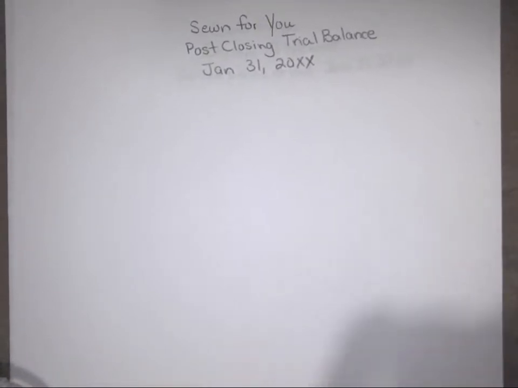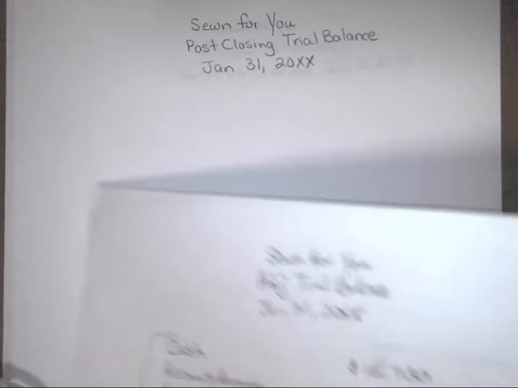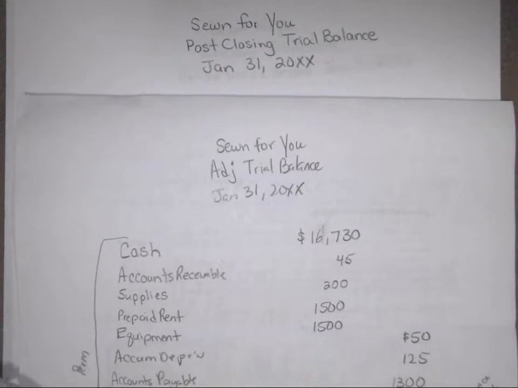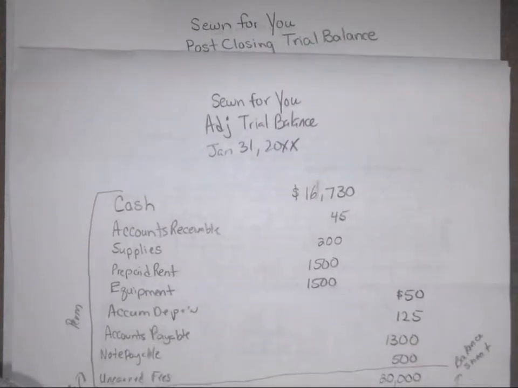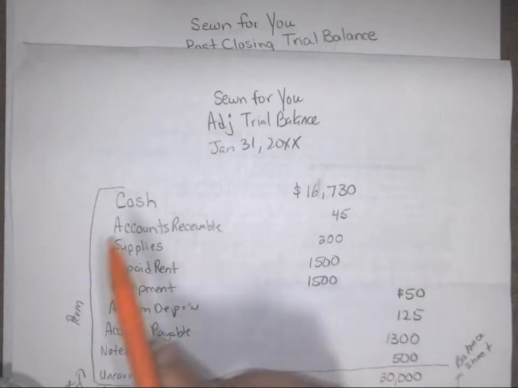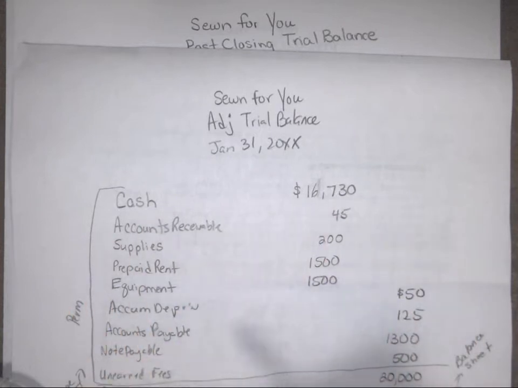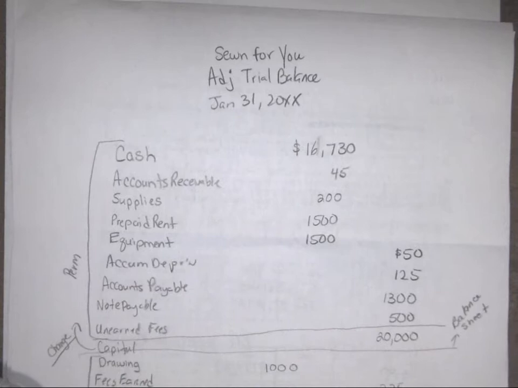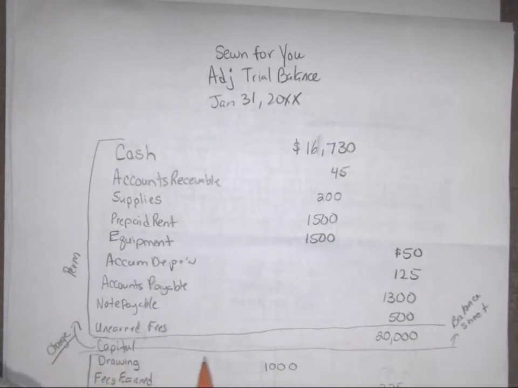The post-closing trial balance is going to be very similar to what we saw on the adjusted trial balance, in that everything that is above this line is going to stay the same. So all of this information will look identical on the post-closing trial balance. The capital account will change, and everything below this line will not be there because they all have zero balances.